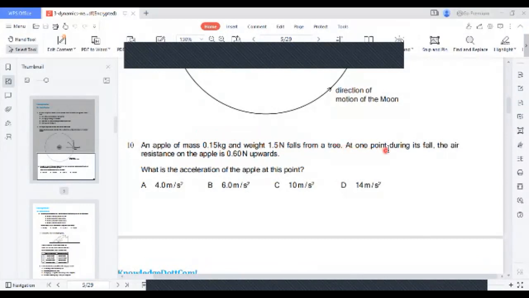And at one point during its fall, the air resistance on the apple is 0.6 Newton in upward direction.